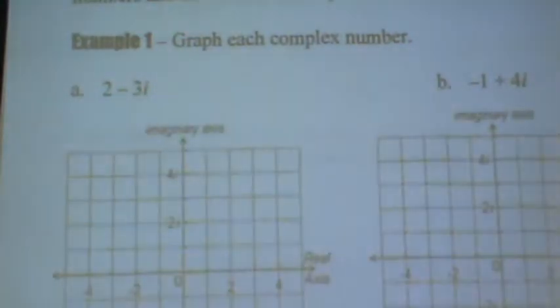Think of that as your x-axis, okay? And the y value, think of that as your imaginary. So, how do you think you plot 2 minus 3i? You're gonna go 2 on the x-axis, and then you're gonna go down 3 on your y-axis.